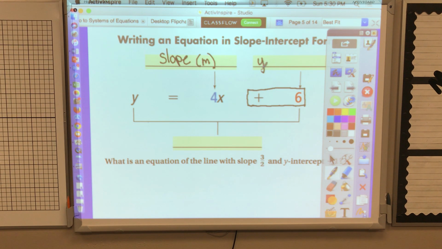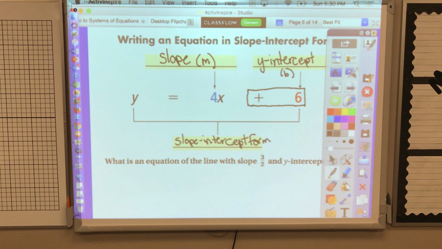So our y-intercept is a positive 6, which in the equation form is the letter b. Y equals mx plus b is slope-intercept form. To write an equation in this form, the only things you need are m and b.